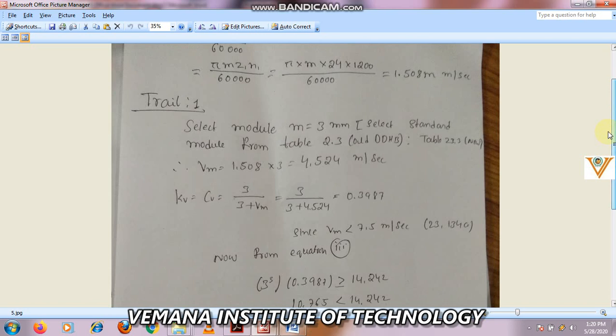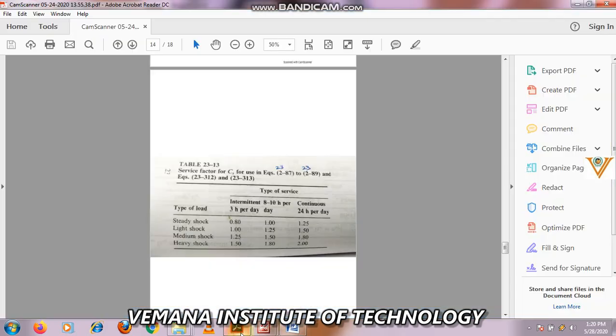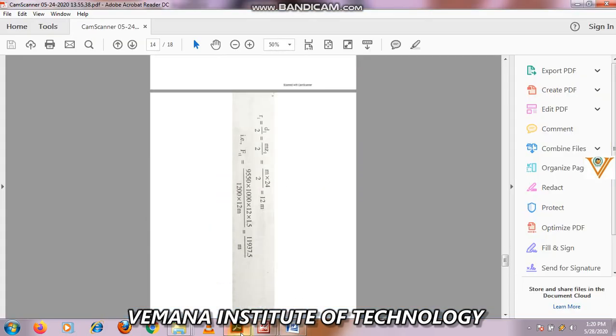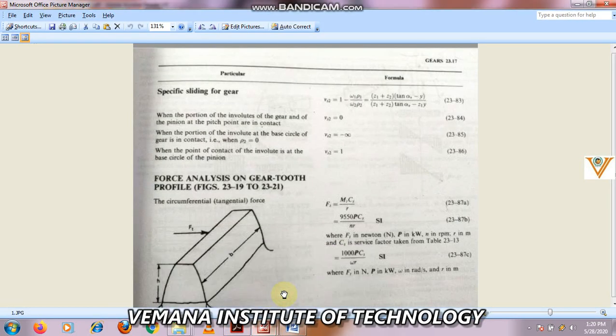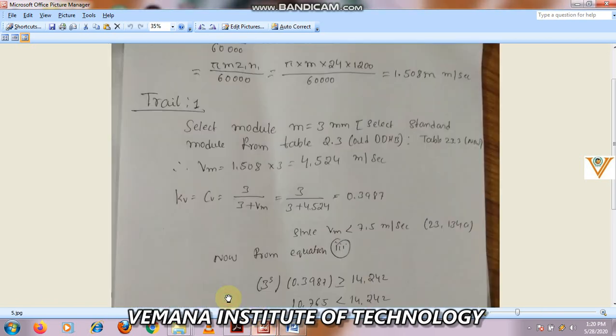How, sir? First, select the module m equal to 3 mm. Select a standard module from the table 2.3. Here we have to select some values. I'll show you.